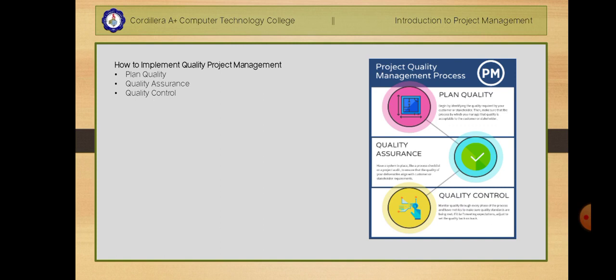So, first step is plan quality. So first, di ba, i-identify mo muna yung requirements para dun sa quality of the deliverable and at saka yung kung paano i-manage yung project. So agree on how this process will be documented and of course how that information will be delivered.